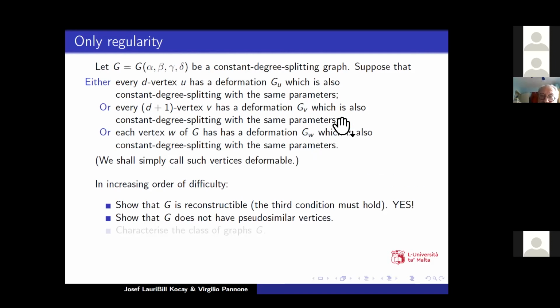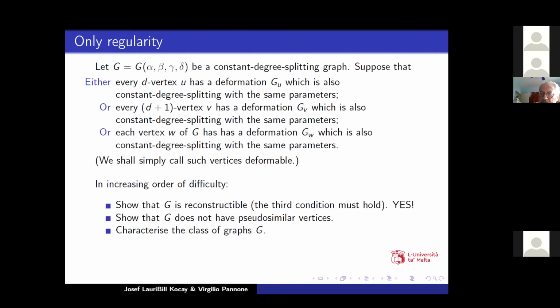Here, we can have either only the D+1 or only the D vertices, which are deformable. And we're close to it, but we haven't yet got it. And a bit more difficult will be to characterize the class of graphs which have this property or this property. And in fact, I'm going to show you examples of such graphs.